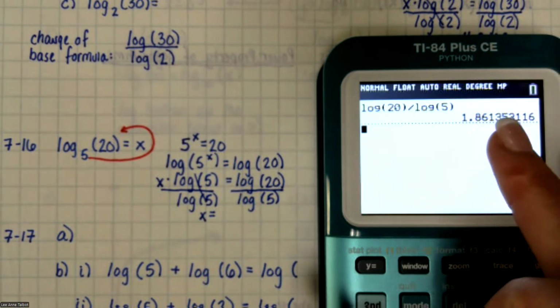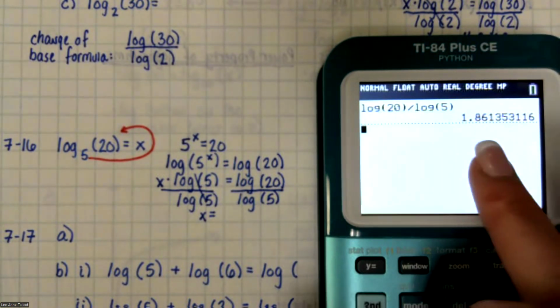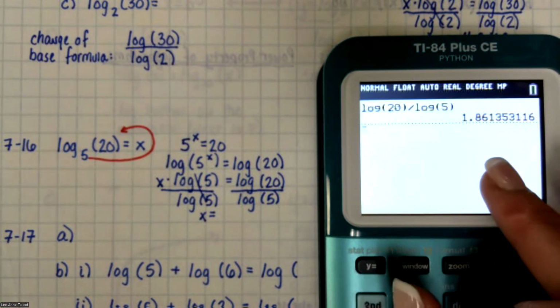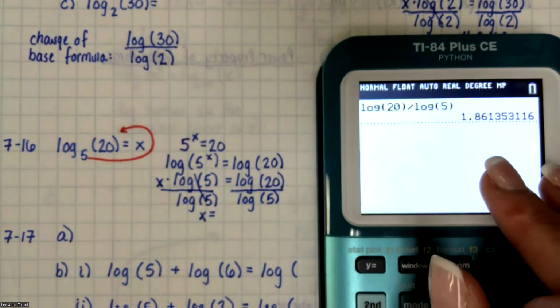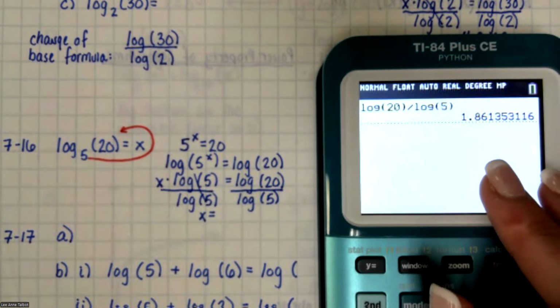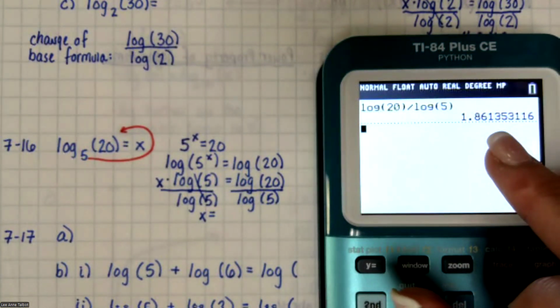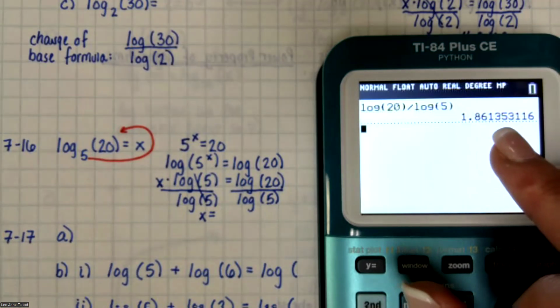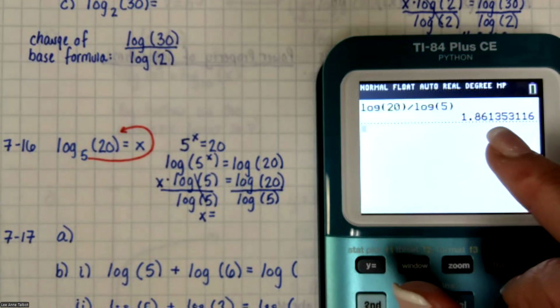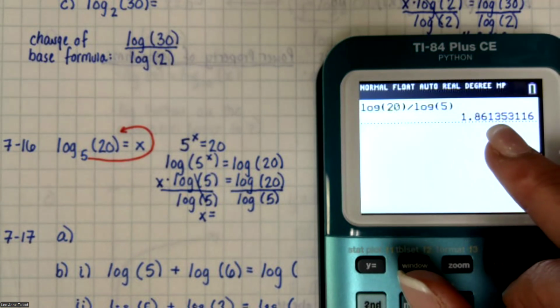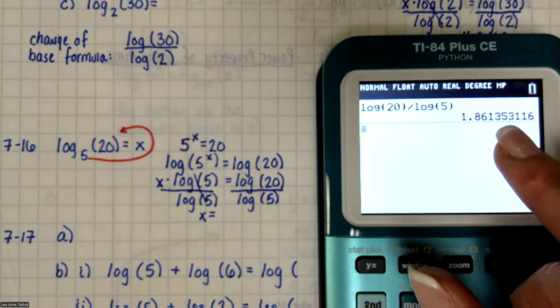Okay, now next question. What is the proper rounding for this decimal here? Might be harder than the log. Oh, wait, 1.9. Okay, so we want to round to 4 decimals. So you go to the 3, and then you look next to it, and the 5 is 5 and up.